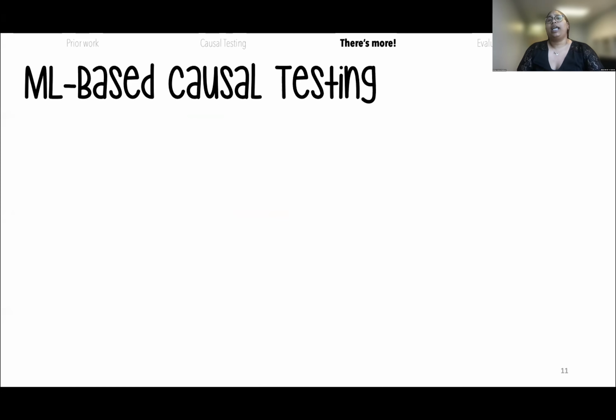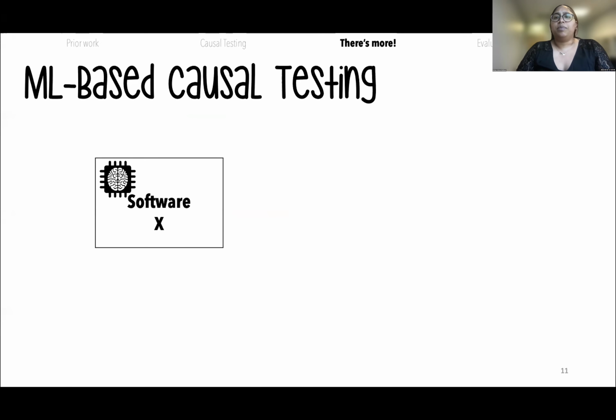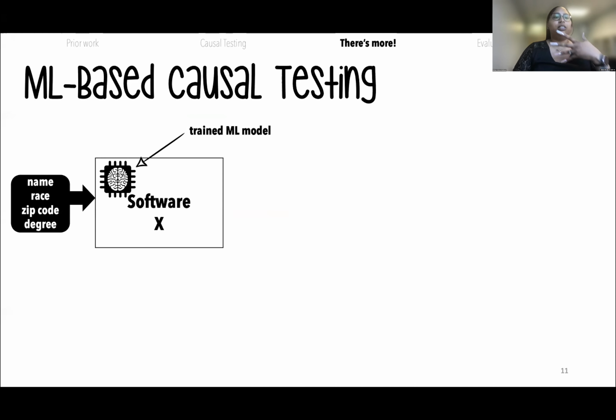Another space that we're looking at, that I think is really important to dig into, is testing machine learning based software. The work we're doing right now looks at, for example, software that integrates some trained machine learning model that aids in the decision making. Into that software go some sets of inputs. Let's say for this software we care about name, race, zip code, and the degree that they have.